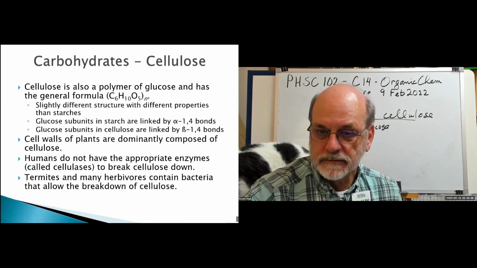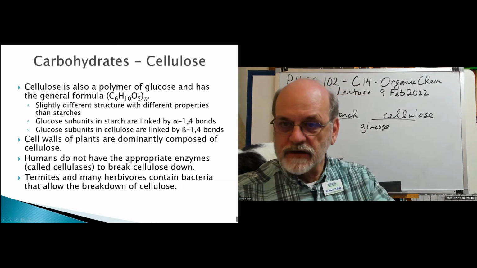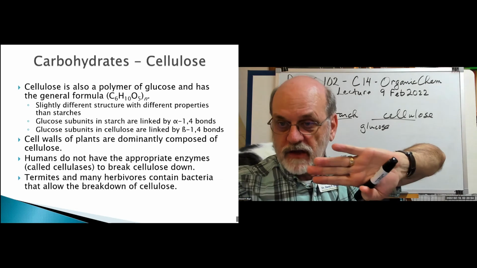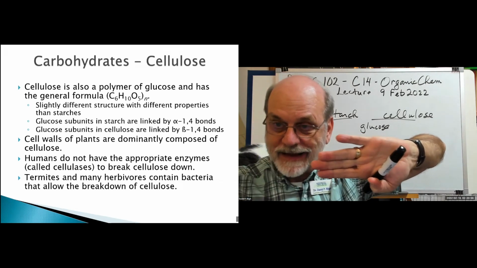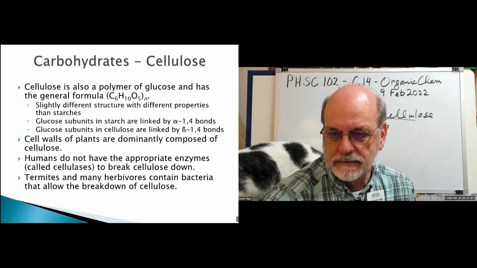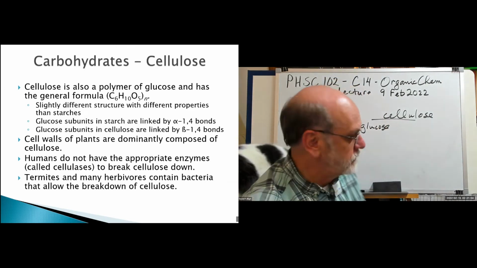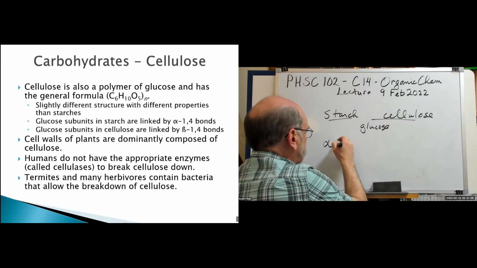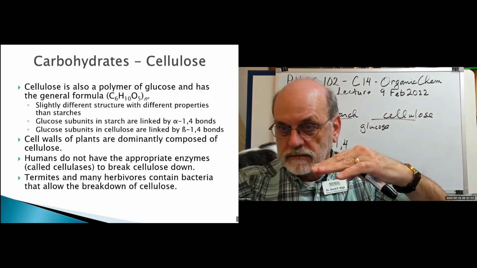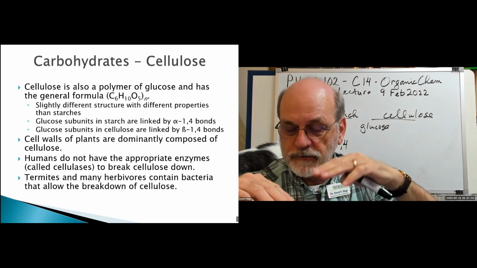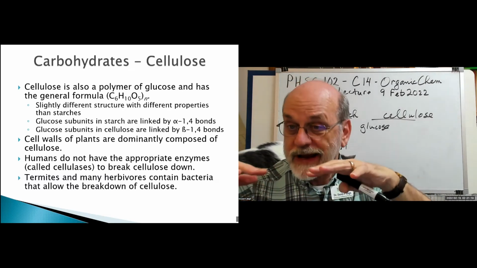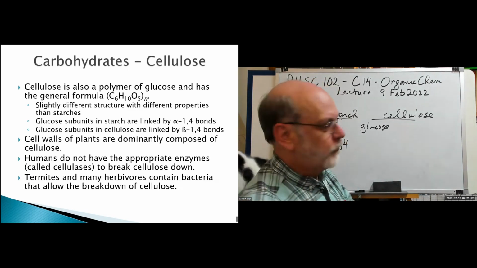For starch, the 1,4 linkage is twisted this way. The molecules are built like this, and then the other one is twisted back. So they go like that, like that, back like that, all down the chain. That's an alpha 1,4 bond. For cellulose, they're all the same. They just line up like that, and the bond is formed between them, and it gives them a different three-dimensional arrangement. That's a beta 1,4 bond.